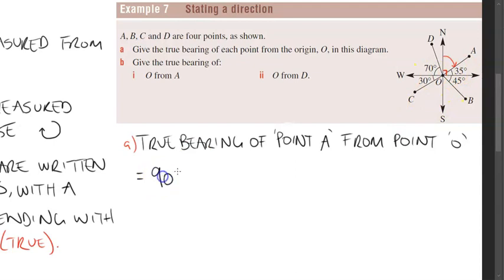And this is just 90 degrees take away 35 degrees. So 90 degrees take away 35 degrees will end up with 55 degrees.